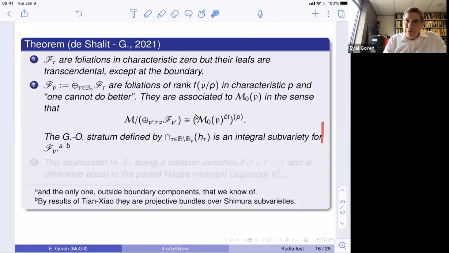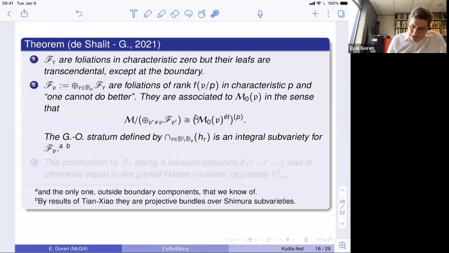It's a very interesting problem, I think, to understand if there are any other integral subvarieties. In some sense it could be viewed as an André-Oort type of problem, but I won't go more into that.